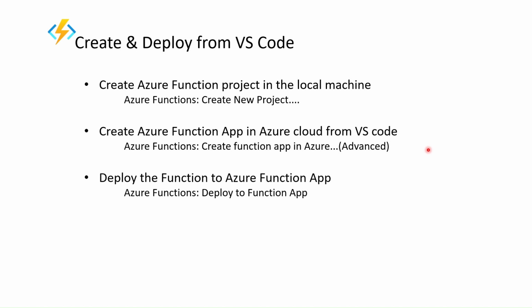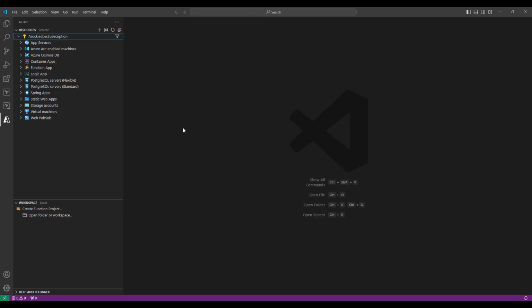Now let's move on to VS Code to implement these steps. I am now in Visual Studio Code. As a first step, let us create the Azure function project and the Node.js function on the local machine.